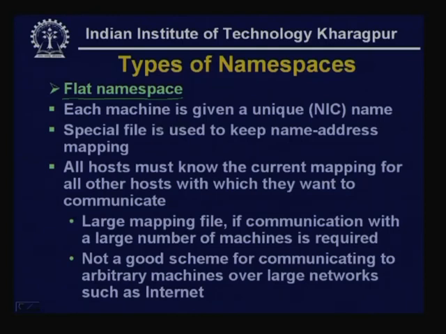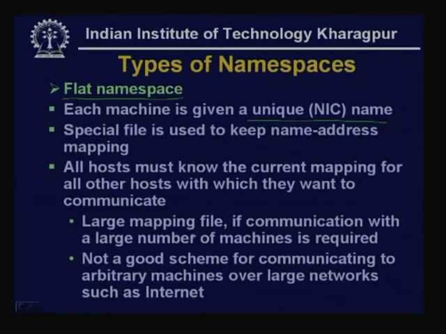In this case, each machine is provided with a unique name as assigned by the NIC, Network Information Center, and a special file is used to keep name address mapping, and all hosts must know the current mapping from all other hosts with which they want to communicate.